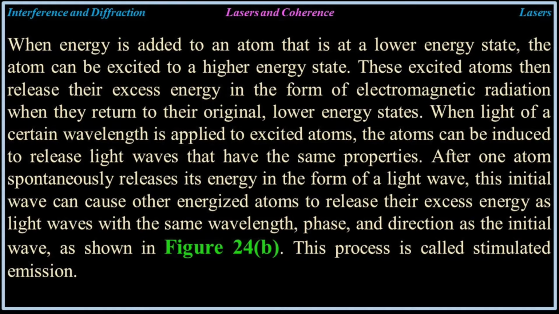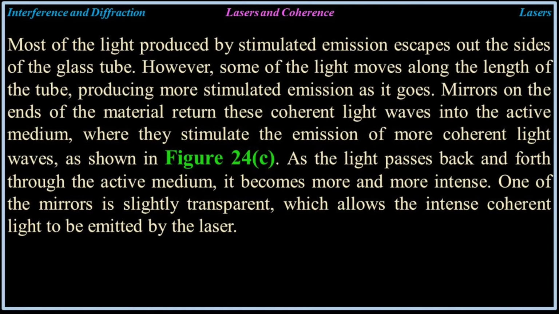Most of the light produced by stimulated emission escapes out of the sides of a glass tube. However, some of the light moves along the length of the tube, producing more stimulated emission as it goes. Mirrors on the ends of the material return these coherent light waves into the active medium, where they stimulate the emission of more coherent light waves, as shown in figure 24c.